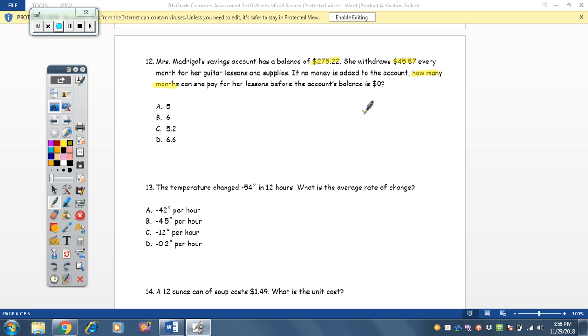So you are going to divide, which means you move this decimal 2 times and this decimal 2 times.